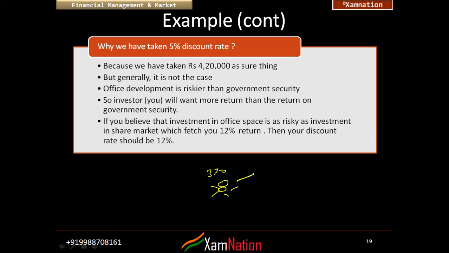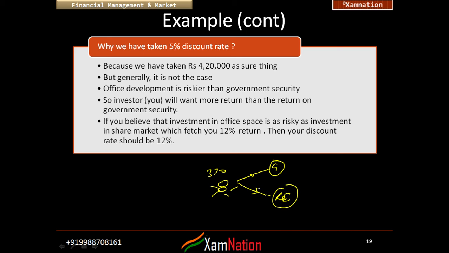One option is that you can invest this 3,70,000 in a government security. Another option is that you can invest this 3,70,000 in real estate. Real estate is basically this office building. You can invest that money in the office building.